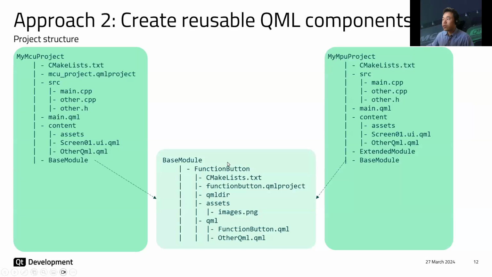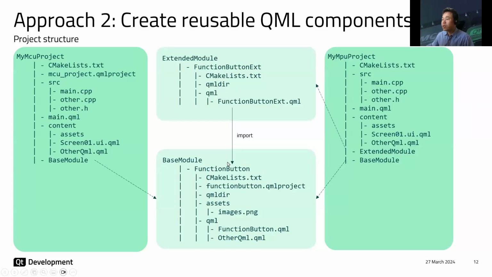So here you can see a few repositories. You can see the MCU project and MPU project are in different Git repositories. And inside those, I have a base module and another extended module. They are submodules inside those project repositories.